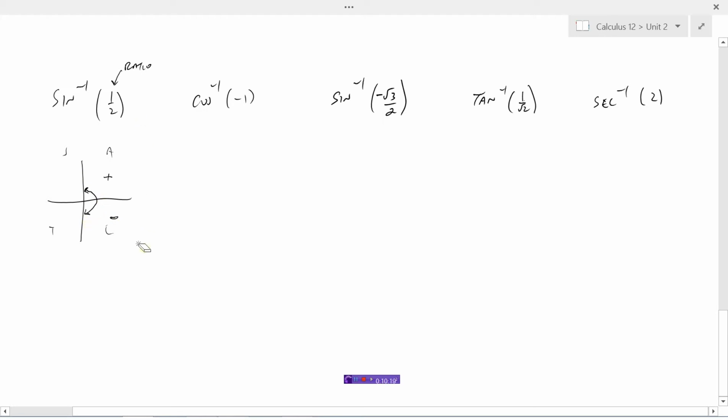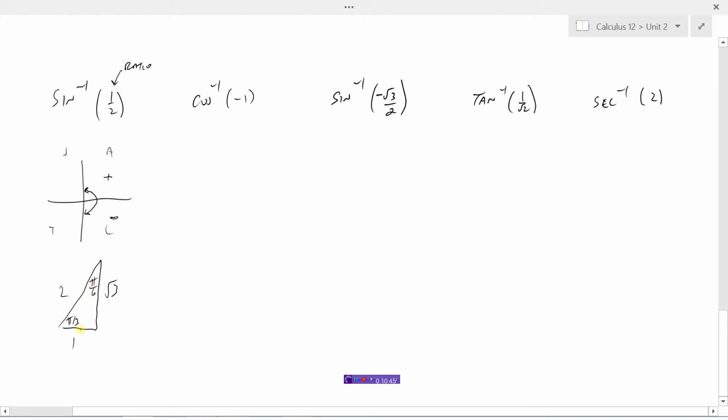So the quadrant is going to be quadrant 1, and you think back to the ratios, your special triangles, where this is pi over 3 and this is pi over 6. So what is this angle where the sine ratio is 1/2? Sine's opposite over hypotenuse. So this would be pi over 6.